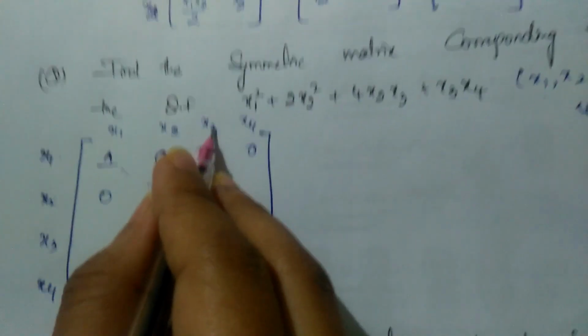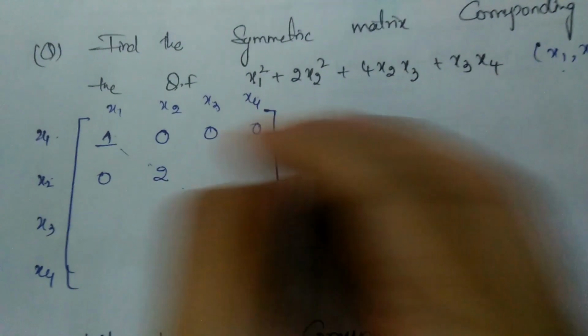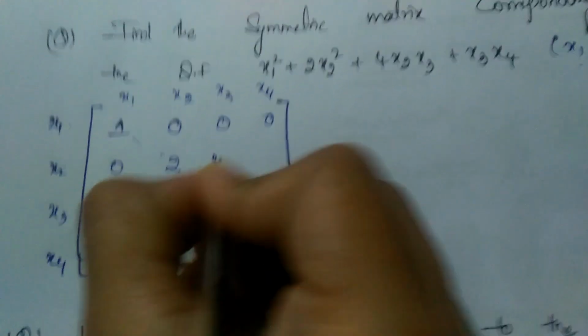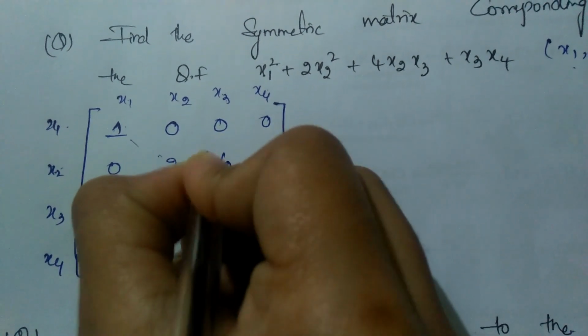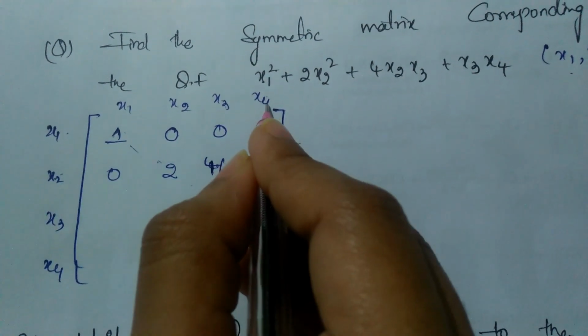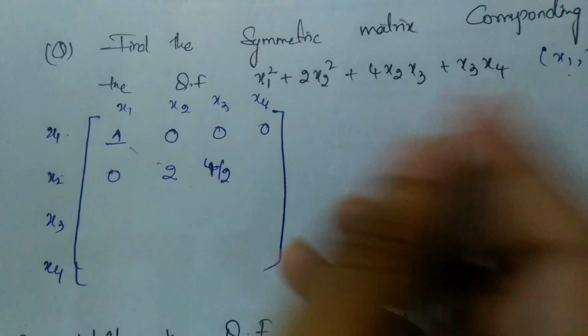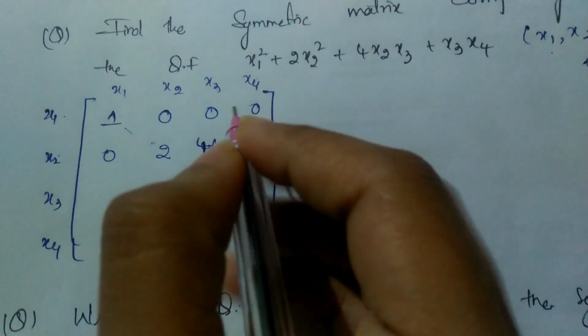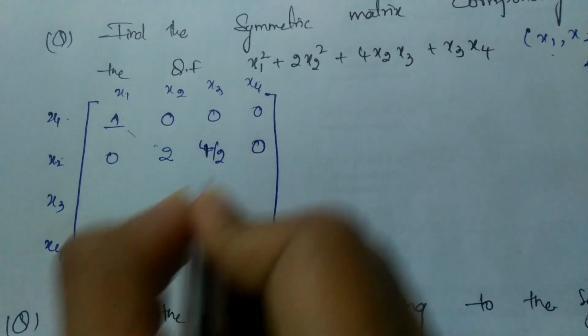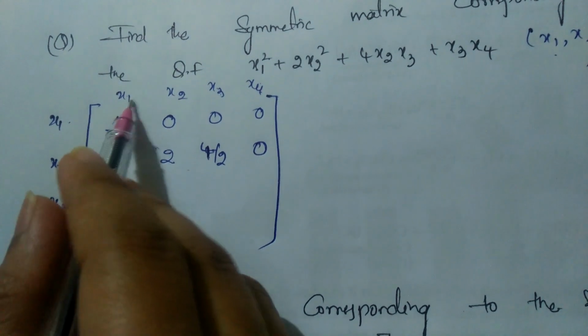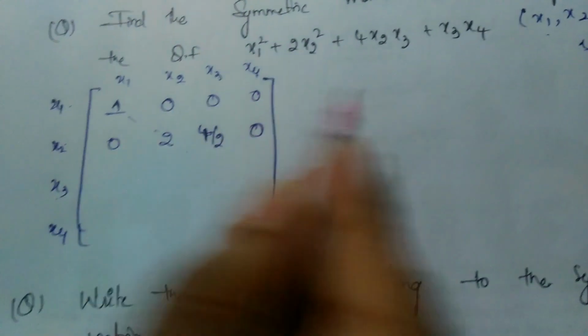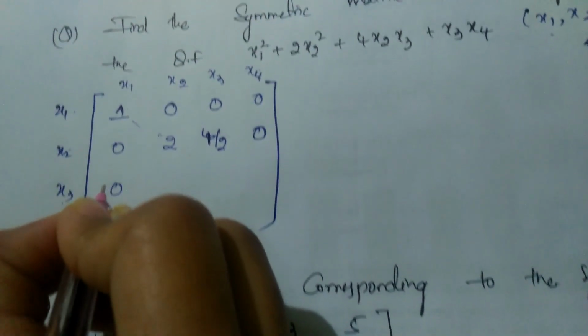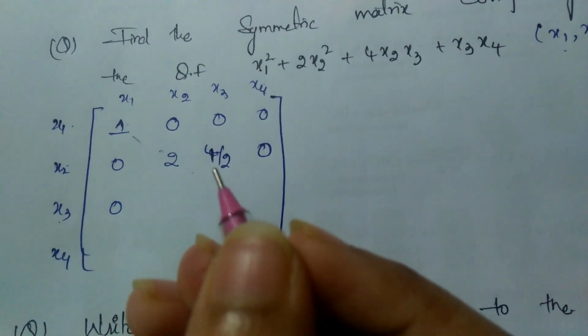And x2 into x3 is 4, so 4 divided by 2. Then x2 into x4 has no coefficient, so take it as 0. And x3 into x1, nothing but x1 x3, take it as 0 as it has no term.